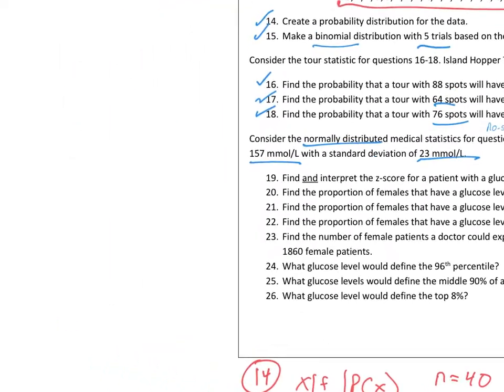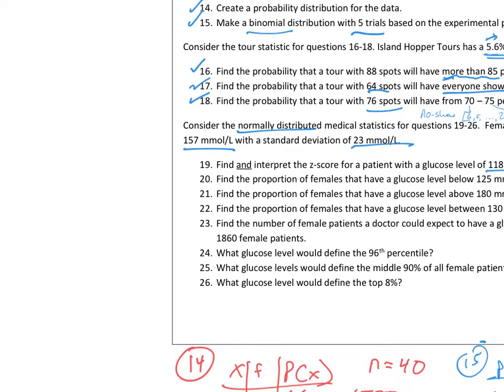All right, so we have 118. So the z-score is going to be 118, subtract off the mean of 157, divide by standard deviation of 23. And that gives us negative 1.70.